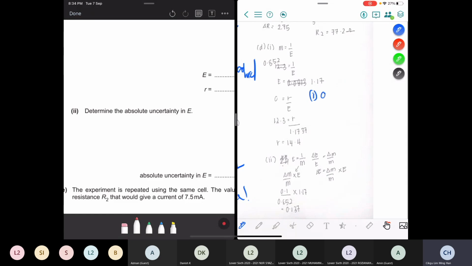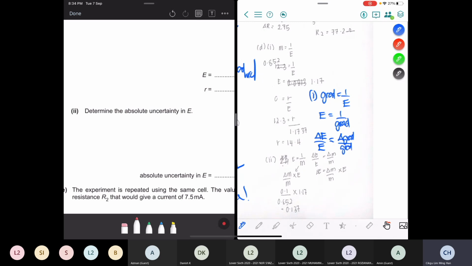Your gradient is equal to 1 over E. So to find the uncertainty of E, you have to make E the subject first. So it'll be 1 over gradient. So you do the basic step. Uncertainty of E over E is equal to uncertainty of gradient over gradient.